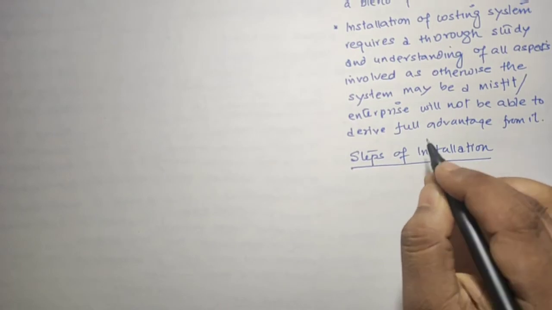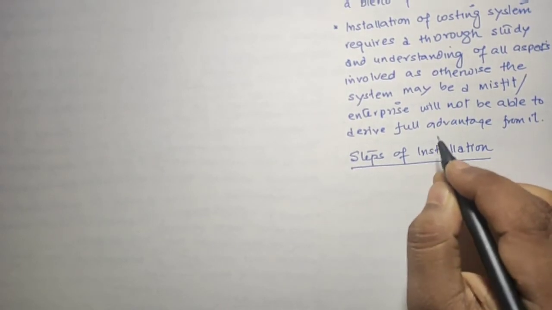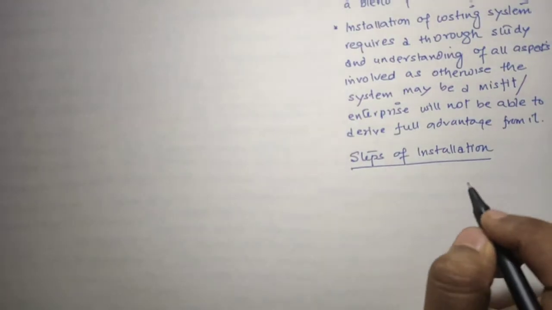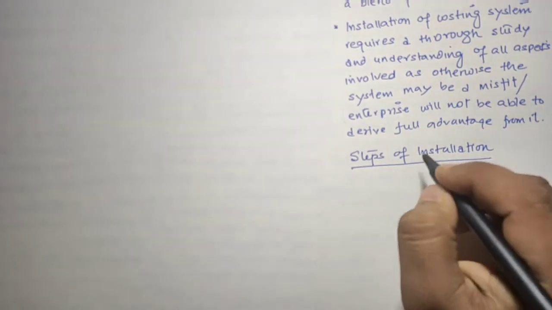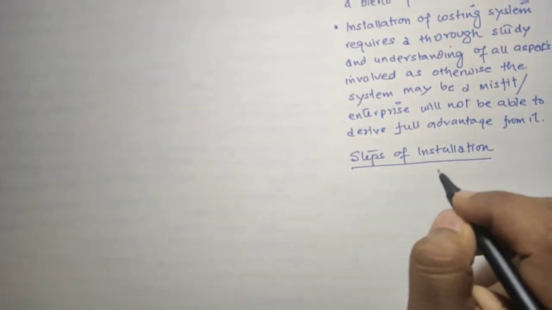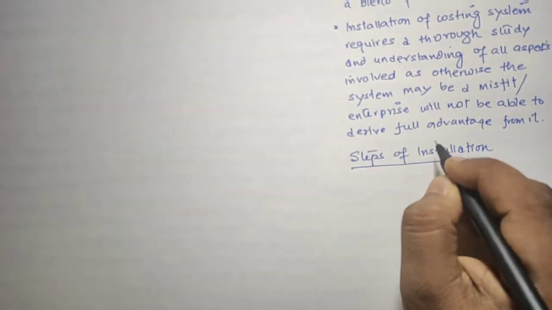The management must feel the need for it and should be able to make use of information available from the system in conduct of business. In other words, the system should be justified on the basis of its value to the management. Now what are the steps?